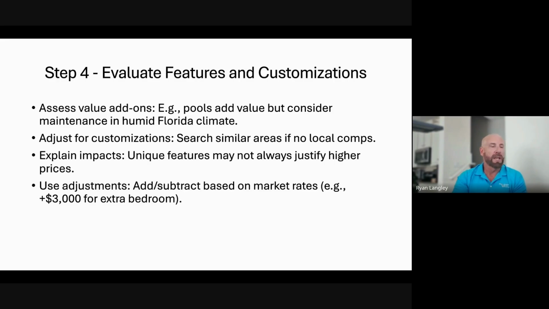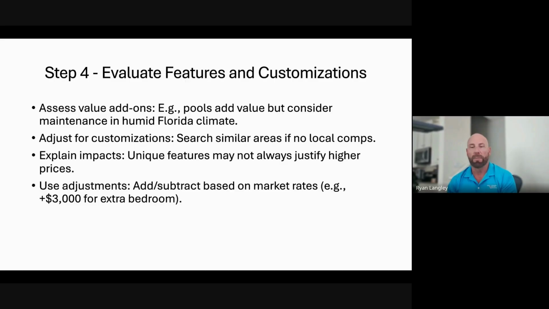Adjust for customization, search similar areas if no local comps. Explain impacts. Unique features may not always justify higher prices. Everyone loves their house. You need to get a sheet, and we've passed them out here before. I may have it on the resources under references, and it is an appraisal sheet for what appraises for what, like a pool, like a deck, this and that.